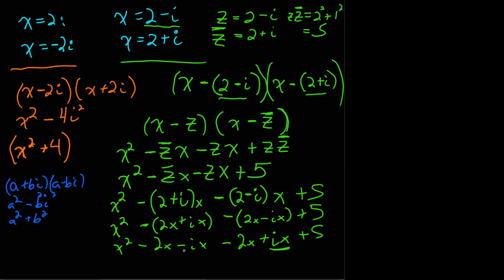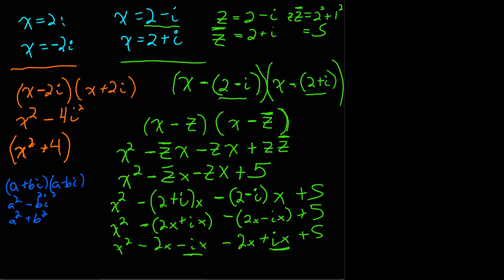And look, my imaginary parts cancel each other out. It should have, right? The fundamental rule of algebra says if I have this conjugate pair and I have real coefficients, I'm not going to have any imaginary terms come out. They have to cancel each other out.